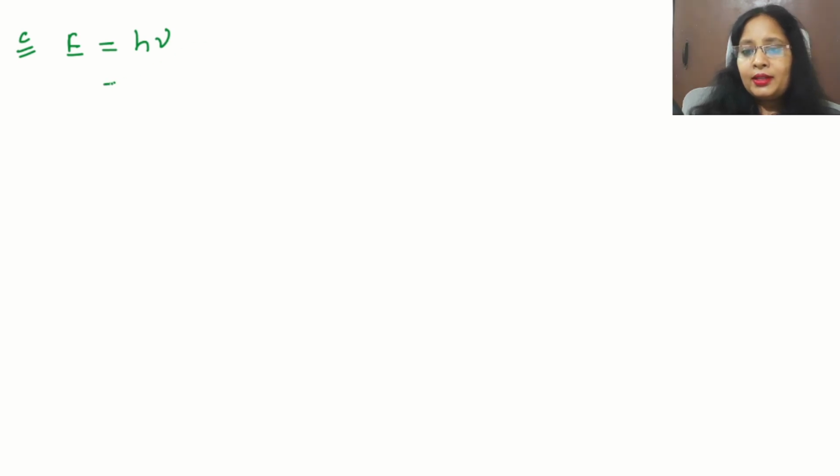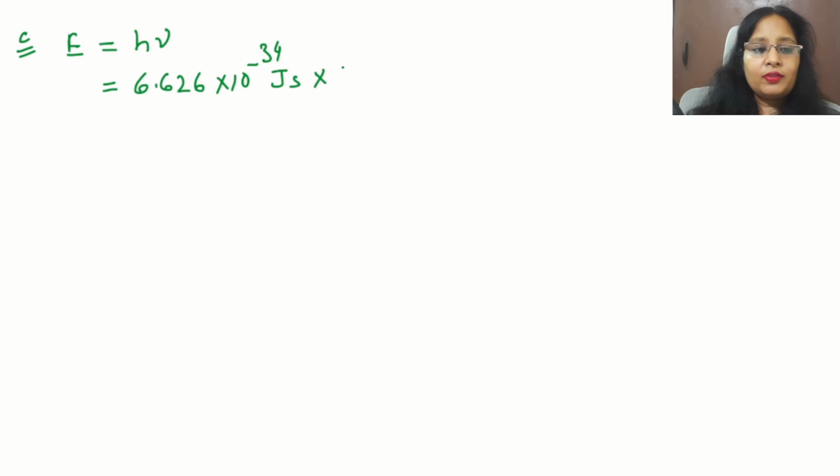So apply the values in the formula. h value is 6.626 into 10 to the power minus 34 joule second. This is Planck's constant. Into frequency, what we get is 4.87 into 10 to the power 14 per second.